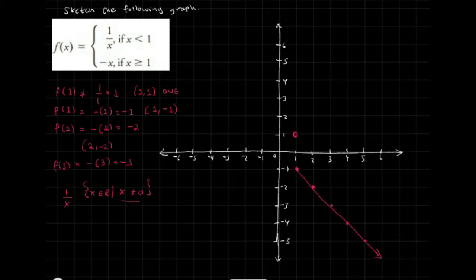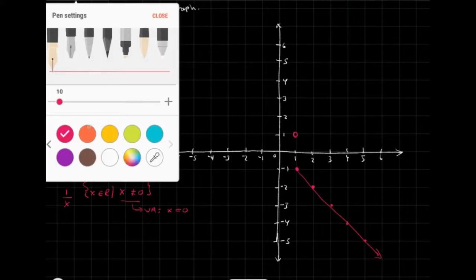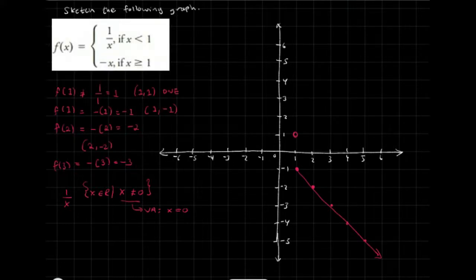When you have a restriction, this implies there's a vertical asymptote. So there's a vertical asymptote when x approaches 0, and I'm going to show you that by highlighting that the y-axis here is a vertical asymptote.